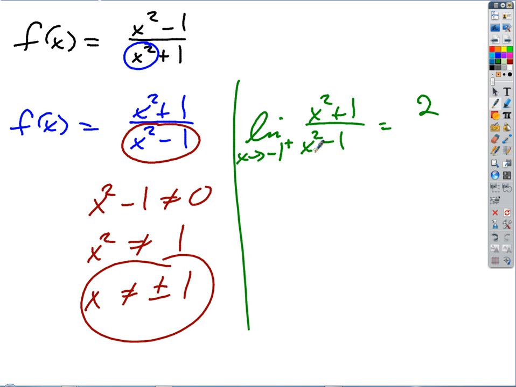Because -1 squared becomes +1, minus a little. So what's 1 minus 1? 0 minus, because I'm subtracting 1 from something slightly less than 1. And so now we've got it resolved: +2 over 0 minus, we know it's infinity. What's the sign going to be? Negative. You got it.